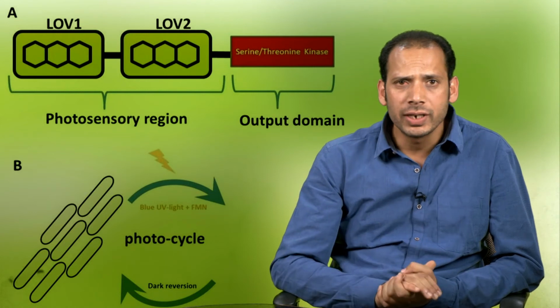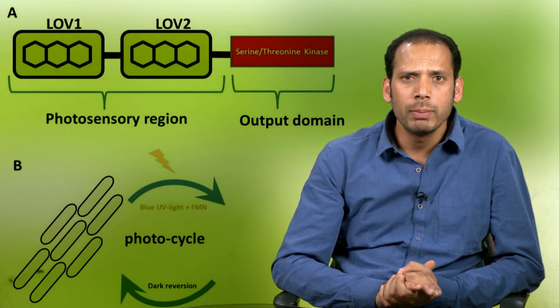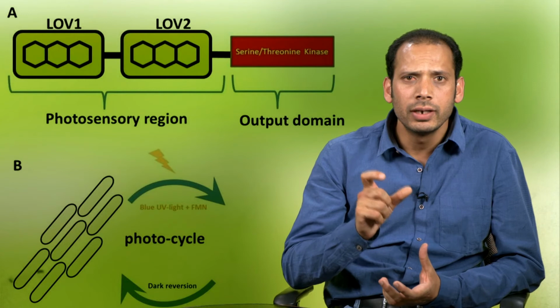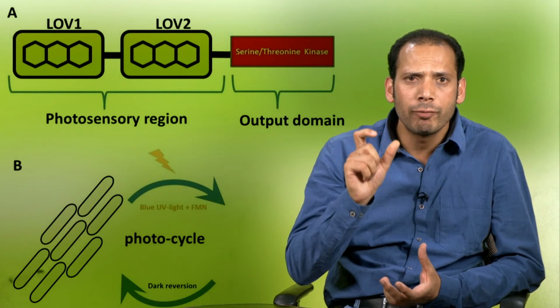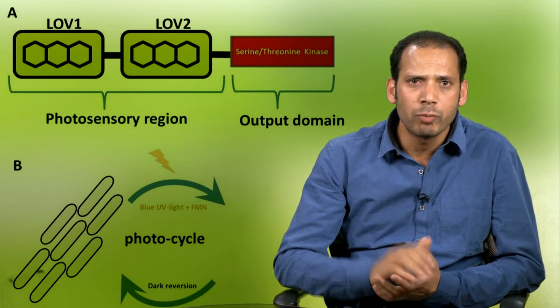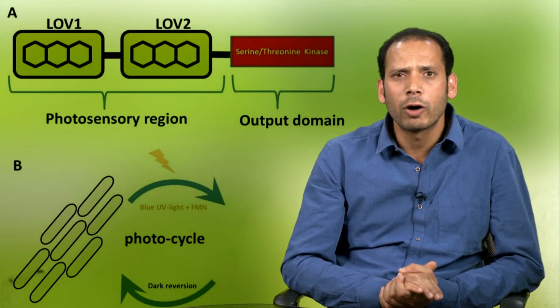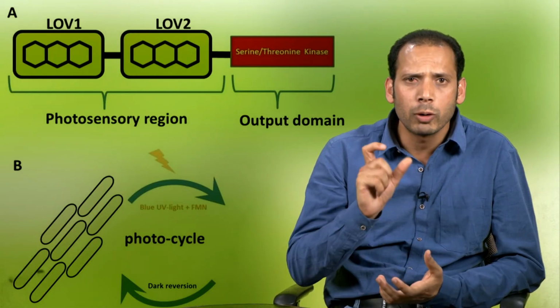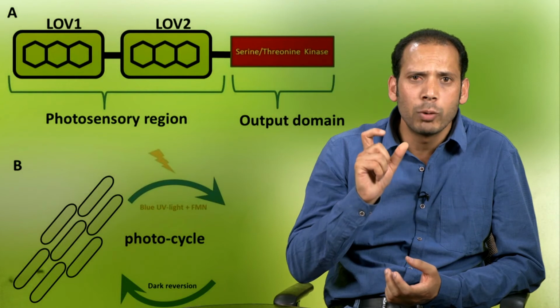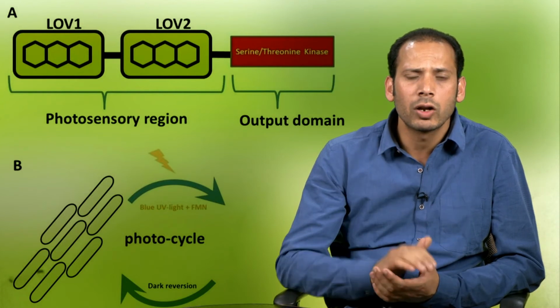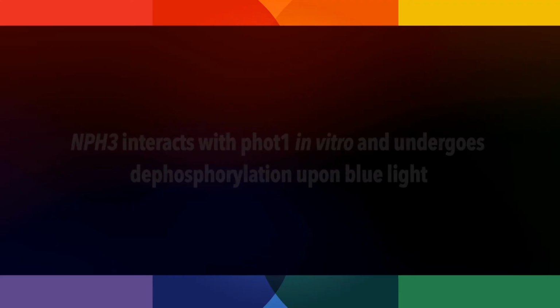PHOT activation has been biochemically linked to auxin redistribution via a phototropin 1 interacting partner. Non-phototropic hypocotyl 3, NPH3, is necessary for phototropism in Arabidopsis and interacts with the photosensory N-terminal of phototropin 1.